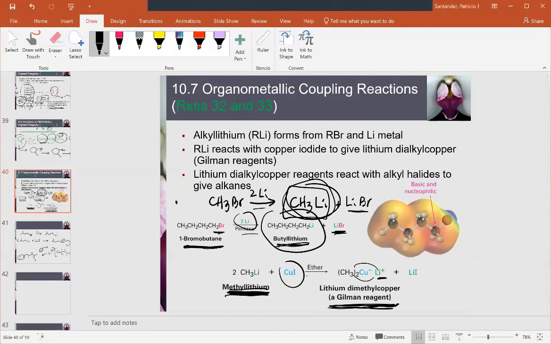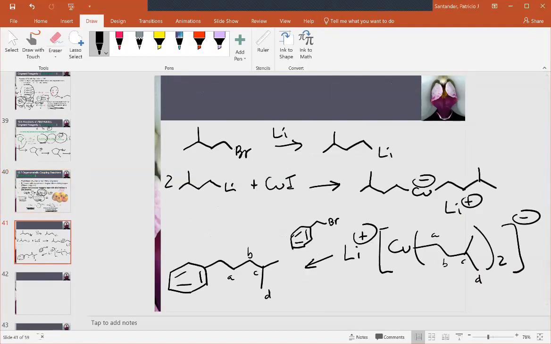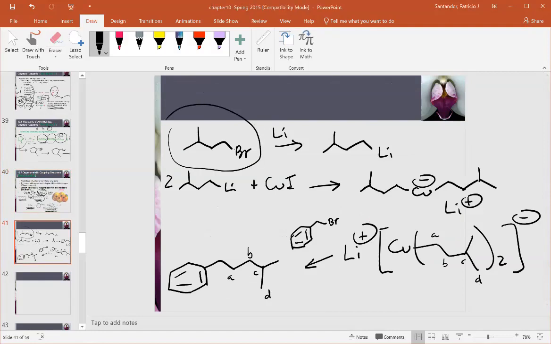Let me illustrate this with a different molecule. So I will repeat the same sequence of steps, but with a different molecule. So let's say that I start with this compound here. So this is a primary bromide. I will have to use two equivalents of lithium, and that will form the alkyl lithium plus lithium bromide.